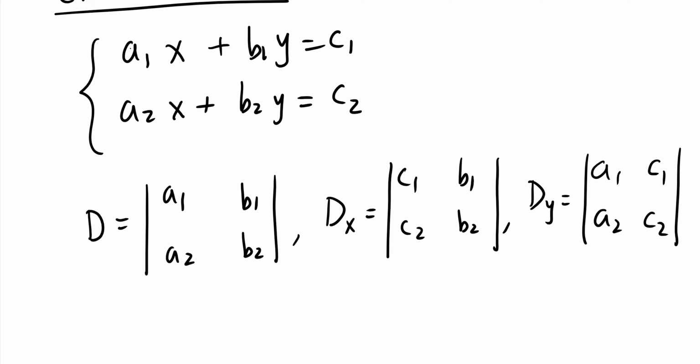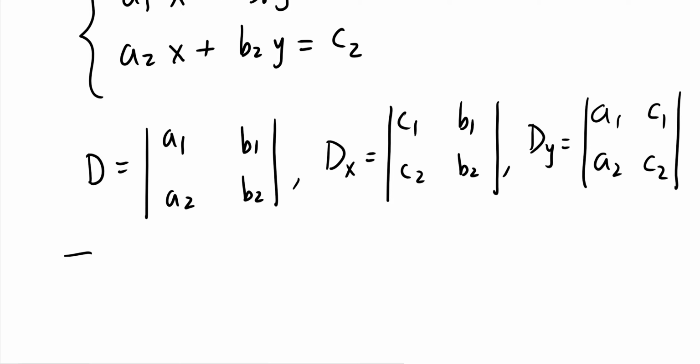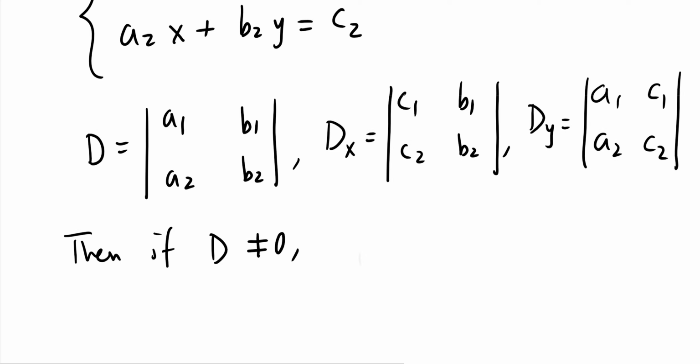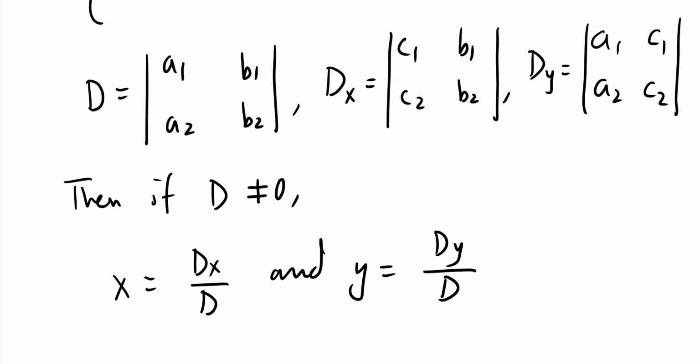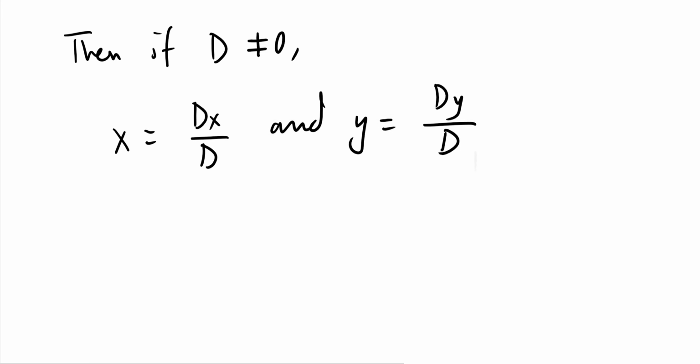Then, after you find these, if D is not 0, then x is Dx over D, and y is Dy over D, because our goal is to solve for x and y. All this process uses determinants.